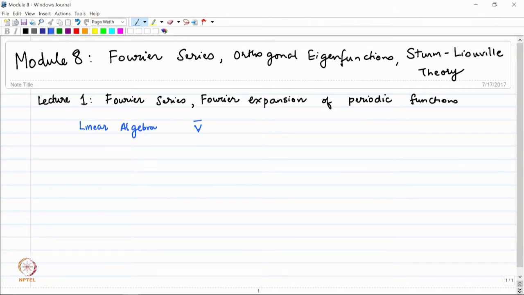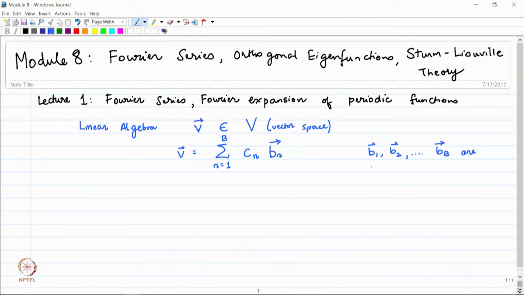If you have a vector v that belongs to some vector space V, then we know that we can write v as a sum over n equal to 1 to b of C_n b_n, where b_1, b_2 up to b_b are b basis vectors, and C_1, C_2 up to C_b are coefficients.